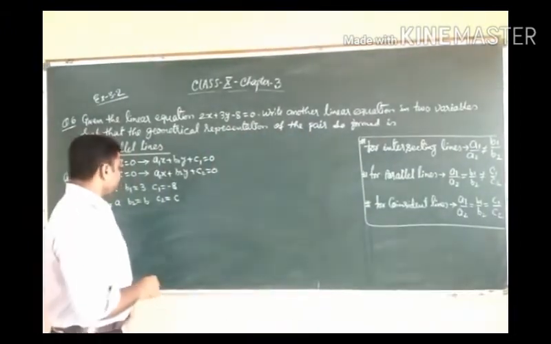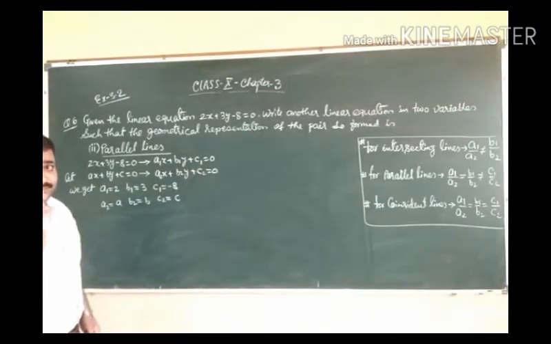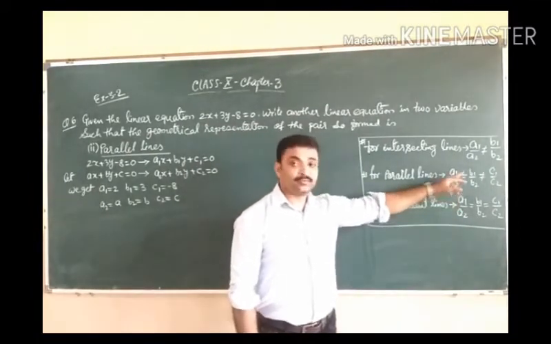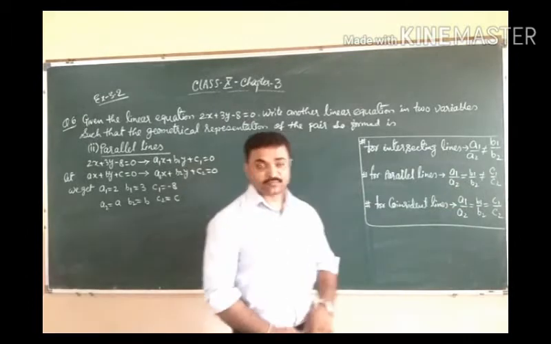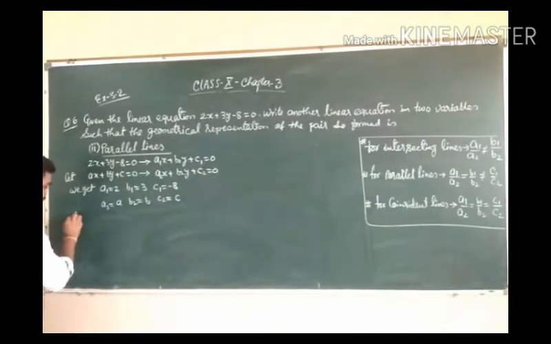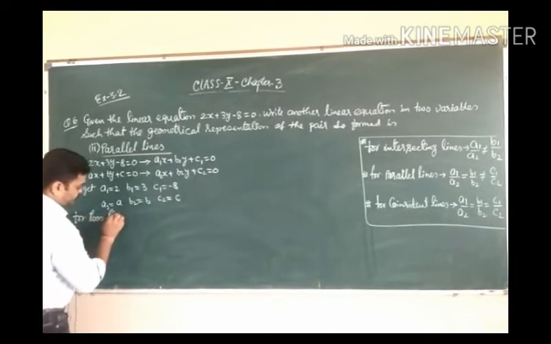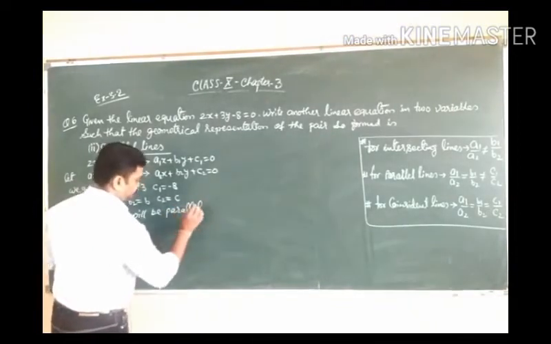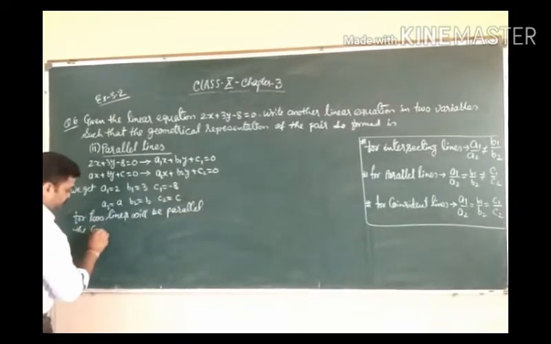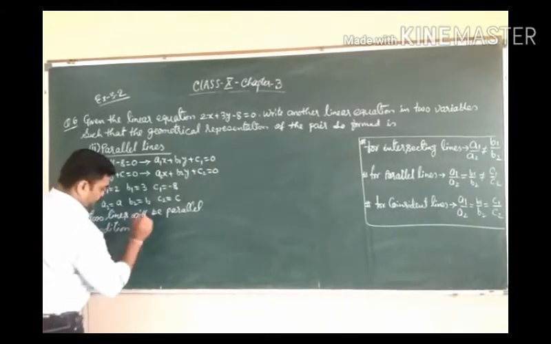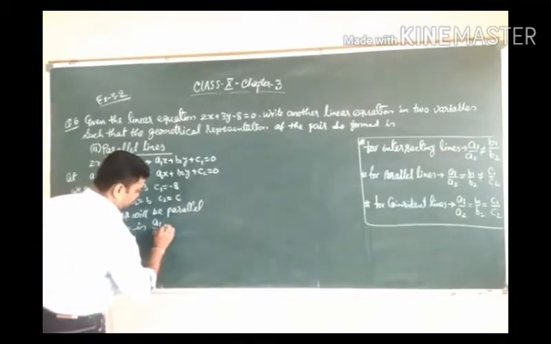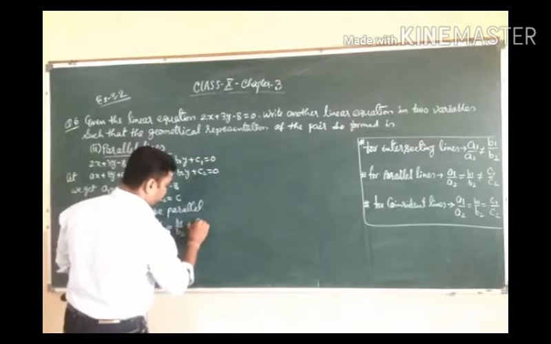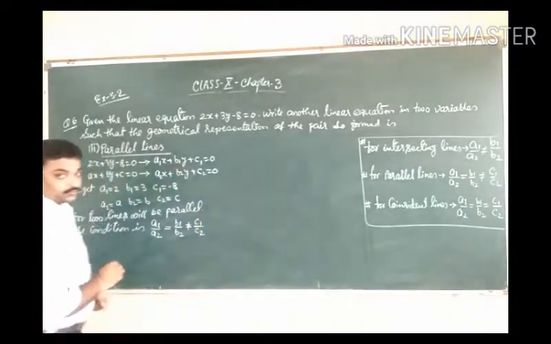Clear? Now, two lines will be parallel. That means we have the condition a1 upon a2 is equal to b1 upon b2 is not equal to c1 upon c2. So, for two lines to be parallel, the condition is a1 upon a2 is equal to b1 upon b2 is not equal to c1 upon c2.